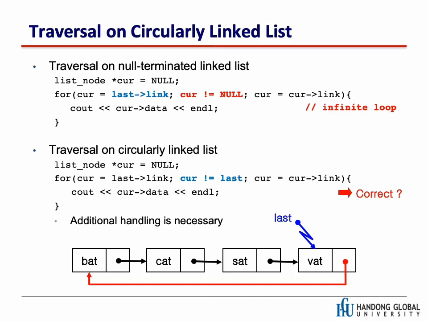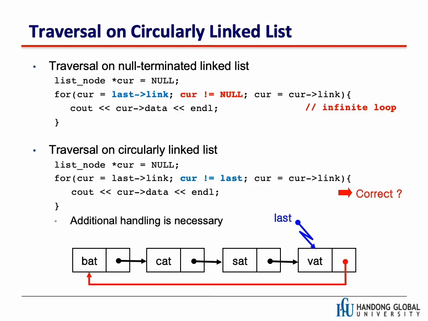Then what's the problem here? Is it correct? Actually, we cannot print out the vet. Let's follow these iterations. We start from bat, so we print out bat. Then we check it's not the last, so we move to the next one. Now we print out the cat, and car is not last, so we move to the next one, and we print out the sat, and then car is not the last.